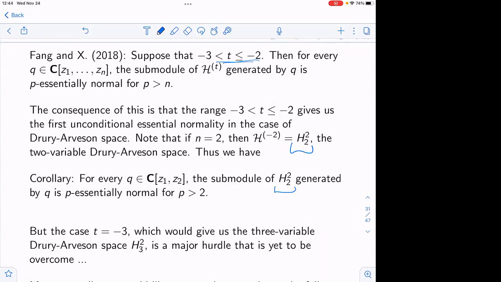Now, if you look at our results, we were basically on the doorstep of -3, right? So if you can somehow get to -3, then you will get at least another Drury-Arveson space. But even this marginal improvement, it's like you hit a mountain or something.